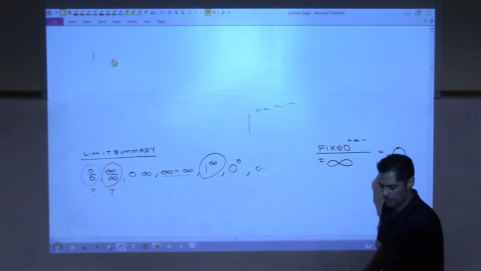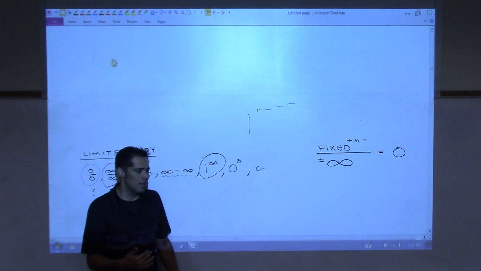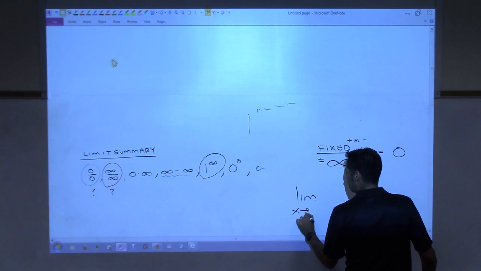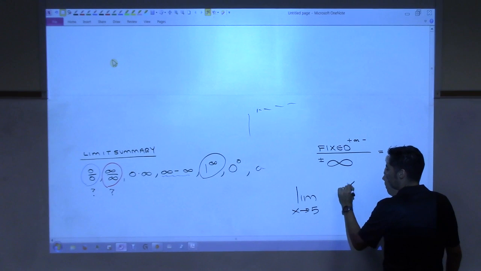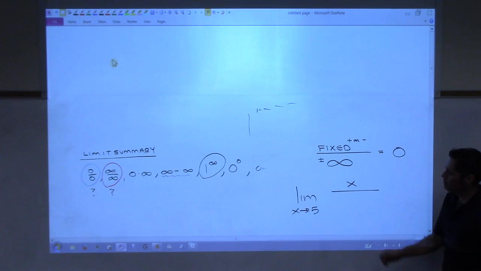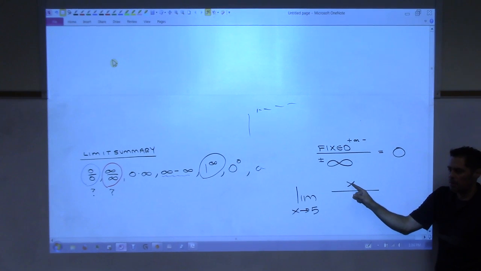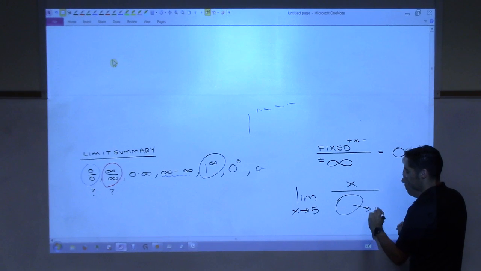Now think about this. You have a numerator that's headed to a non-zero number. Limit x goes to 5 of, let's say, x over. So here the top is going to 5, right? Let's say that I could make the bottom approach infinity.